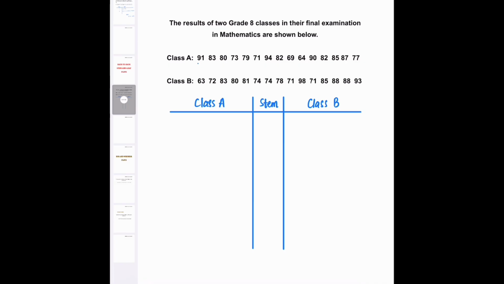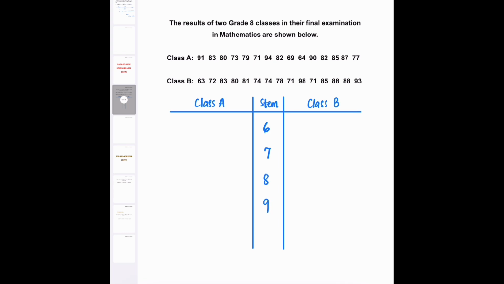For Class A, the lowest is 64, but Class B has 63. The highest for Class A is 94 and Class B's highest is 98. So for our stem, we can start from 6, 7, 8, and 9.